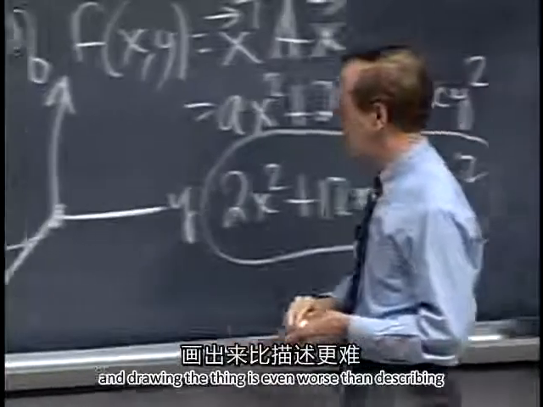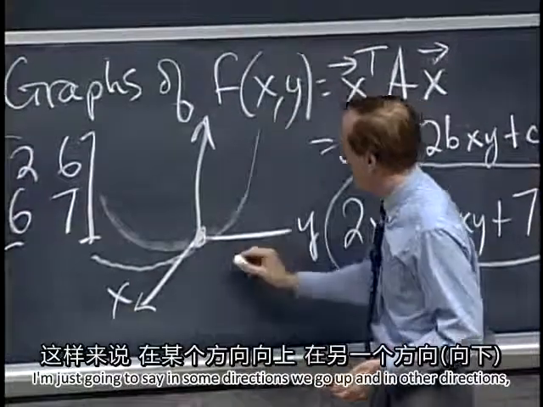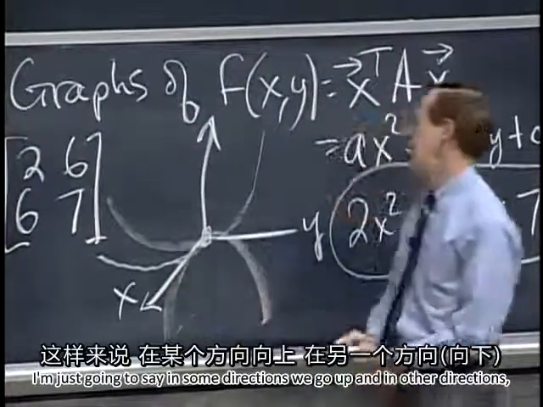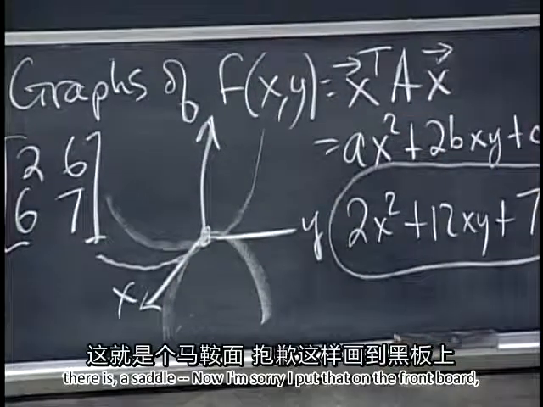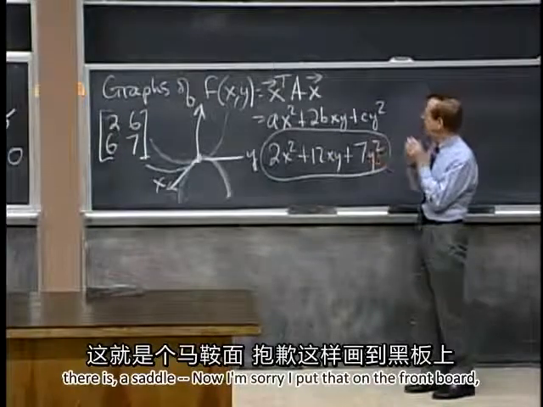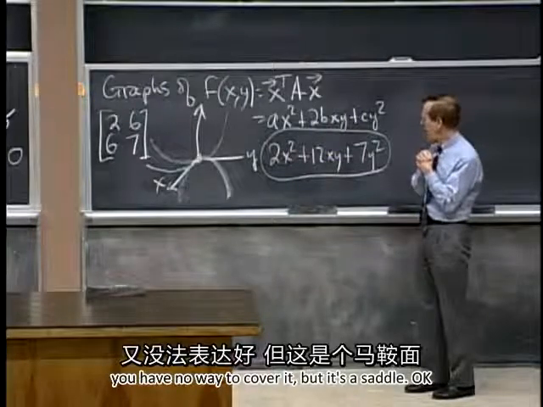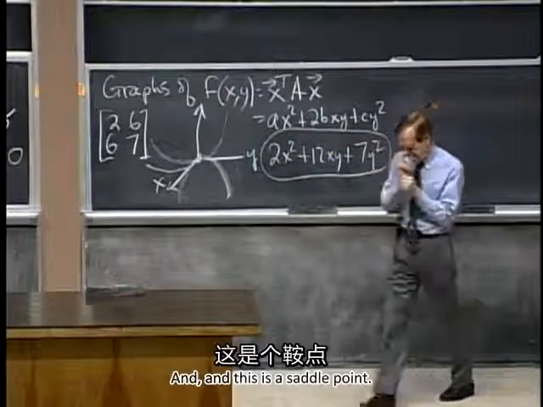Drawing the thing is even worse than describing it. I'm just going to say, in some directions we go up, and in other directions, there is a saddle. Now, I'm sorry I put that on the front board because I have no way to cover it. But it's a saddle. Okay.